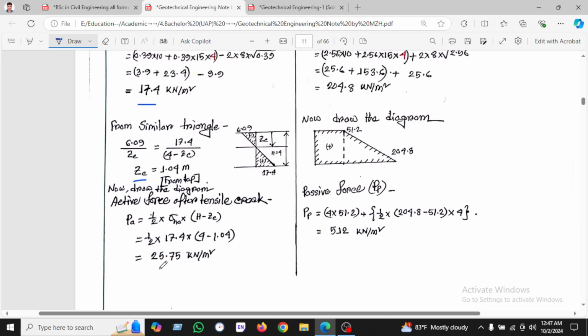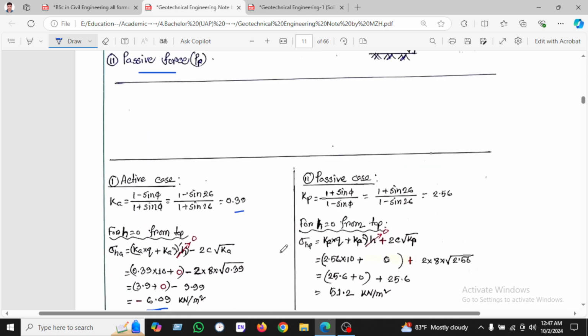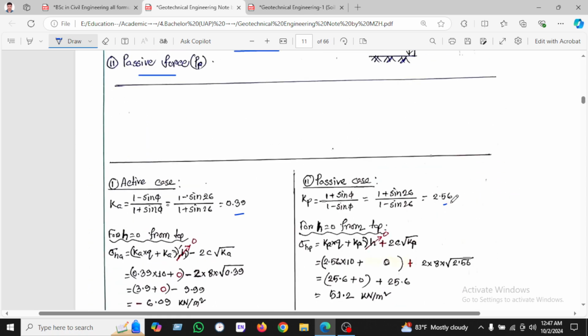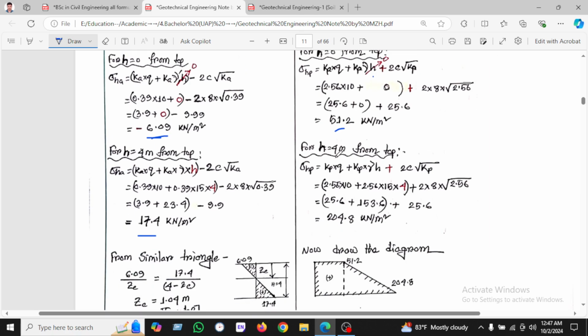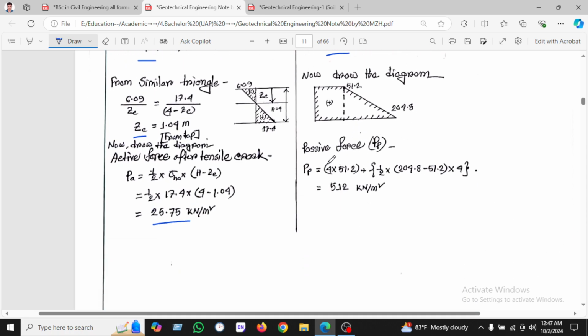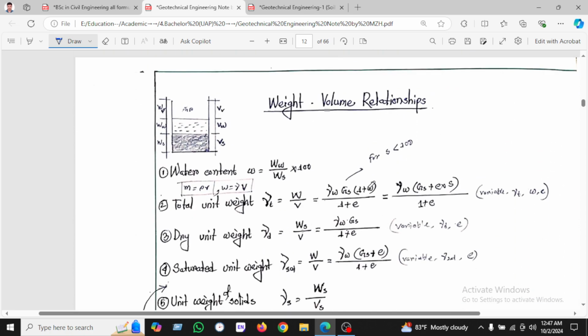In the active case the tensile stress is 14, and in the passive case, from z equal to 0 it is 51.2, and at z equal to 4 it is 204.4, and in this way we found the passive case force will be 512 kN.